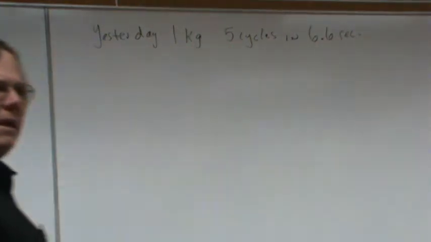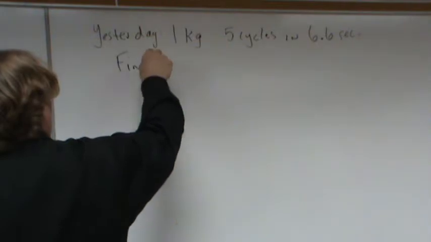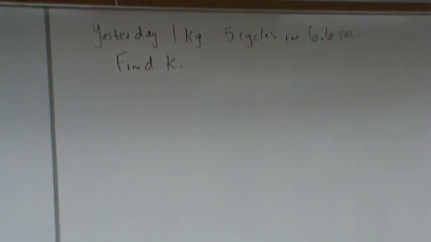Do you remember that from yesterday? Then what I would like you to do now is please find the spring constant of the spring. Find K. I'll give you a hint. You're going to have to use this formula, which means you're going to have to get the period. You know the mass. Just plug it in and do your algebra.